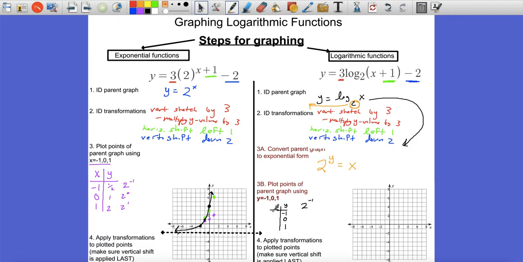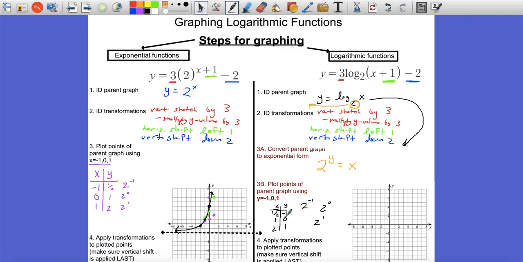That's still 1/2. So x is 1/2, y is -1. 2 to the 0 is 1. So x is 1 and y is 0. And 2 to the first is 2. x is 2, y is 1. Notice they just basically switched. The reason why they switched is because y was in our exponent, not x.